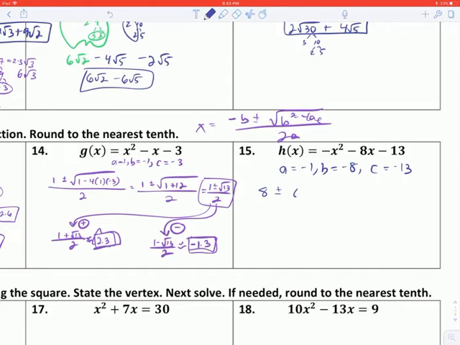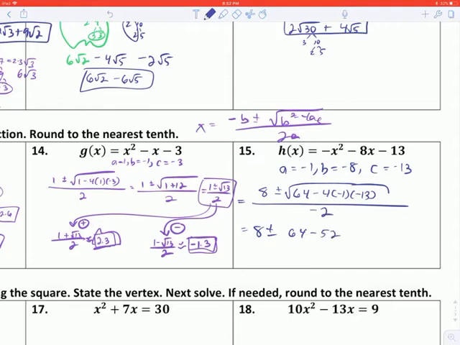Plus or minus the square root of b squared, which is 64, minus 4 times negative 1 times negative 13, all over negative 2.